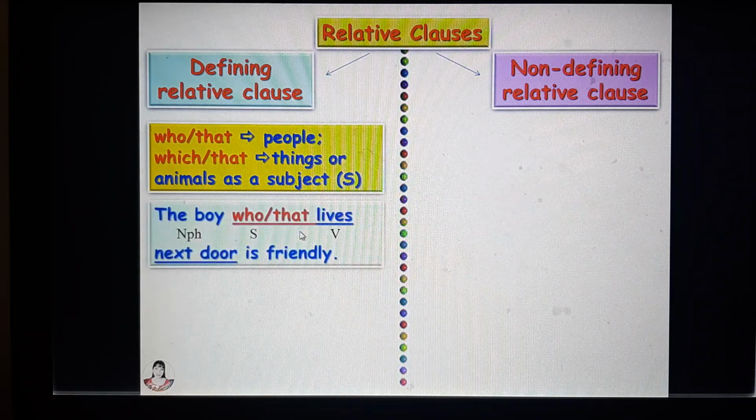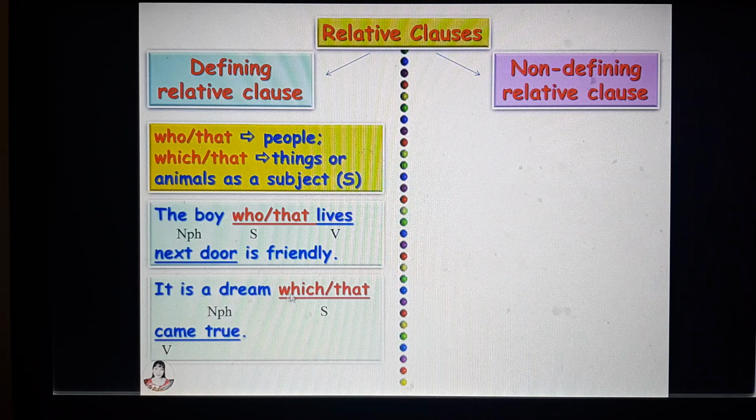For example, the boy who lives next door is friendly. The boy that lives next door is friendly. The boy is a noun. Who, that is the subject. Lives is the verb. Who, that lives next door is a defining relative clause.